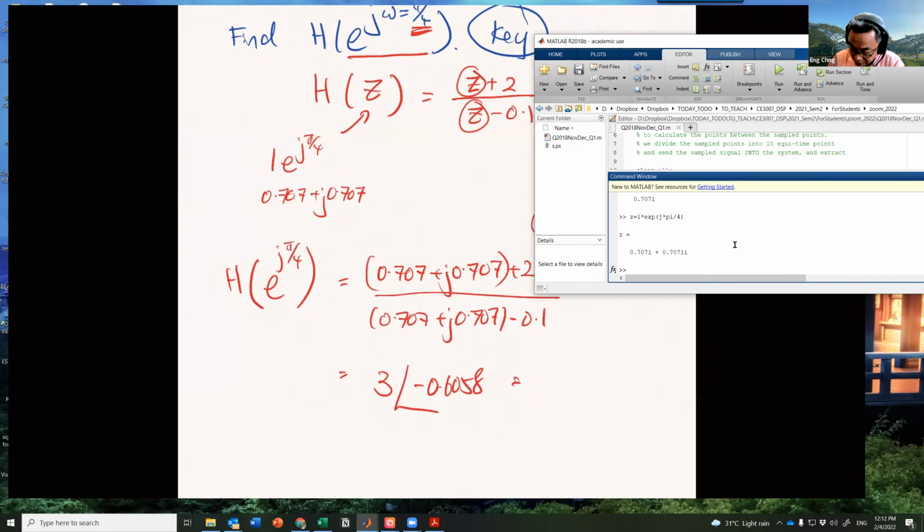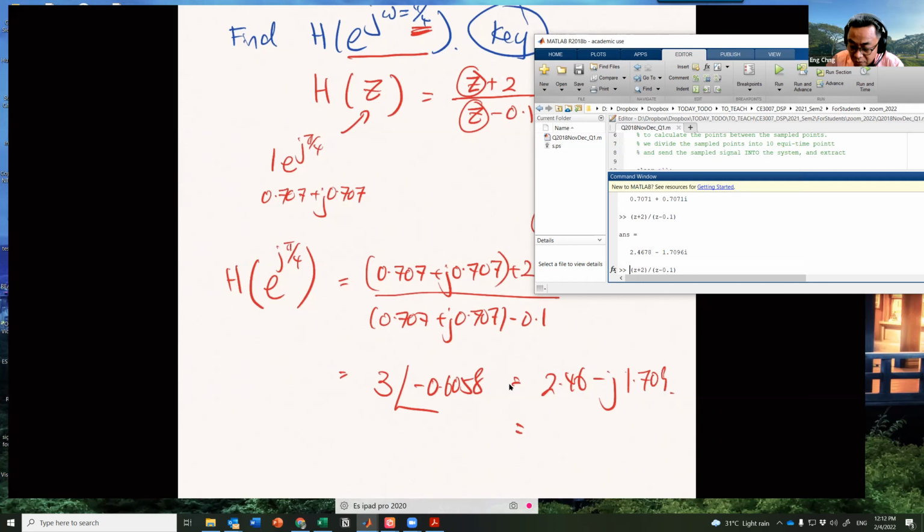Then I go z plus 2 for the top, divided by z minus 0.1 for the bottom. I get this: 2.46 minus j 1.709. Then you say, why did I get this number?